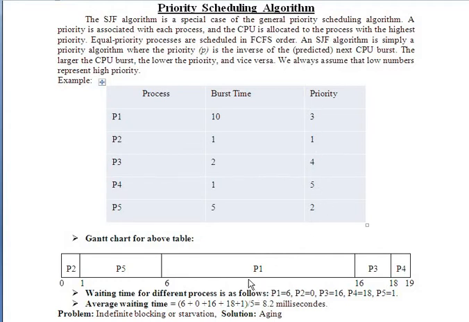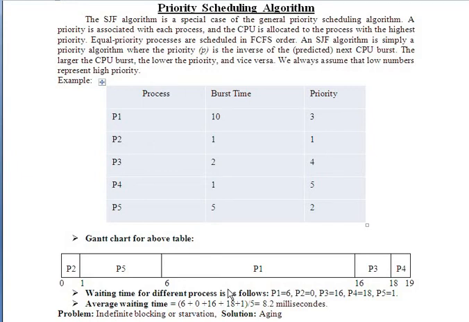Okay, so let us see the problem with this particular method. The problem is, sometimes the lowest priority processes will never be executed. They are there and ready, but due to the time taken by the highest priority processes, their turn doesn't come at all.